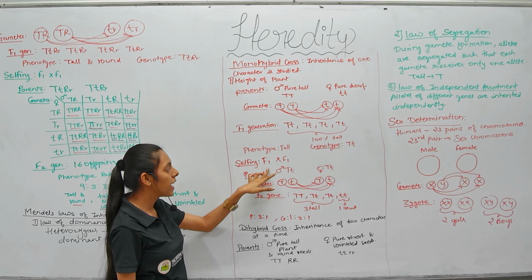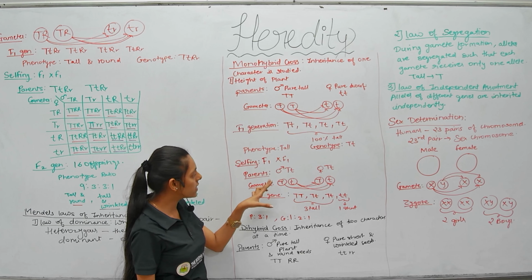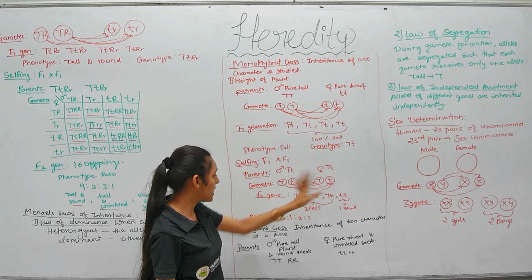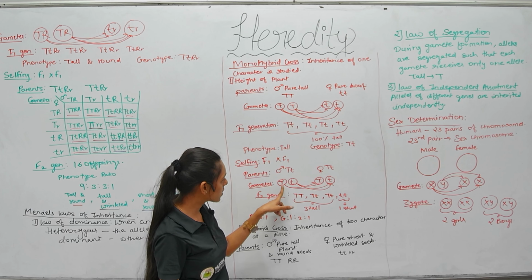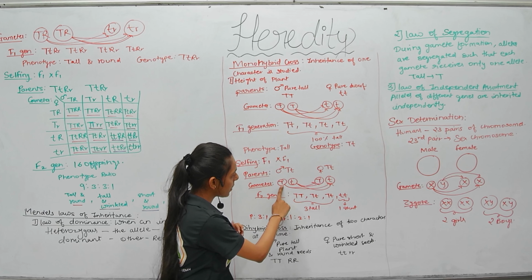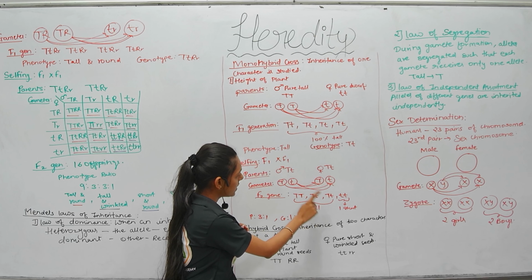Now if we take these offspring of the first generation and do selfing, F1 with F1, we'll see what happens. The parents here are capital T small t and capital T small t. If we do the crossing here, we get capital T with capital T, then capital T with small t, then small t with capital T, and small t small t.